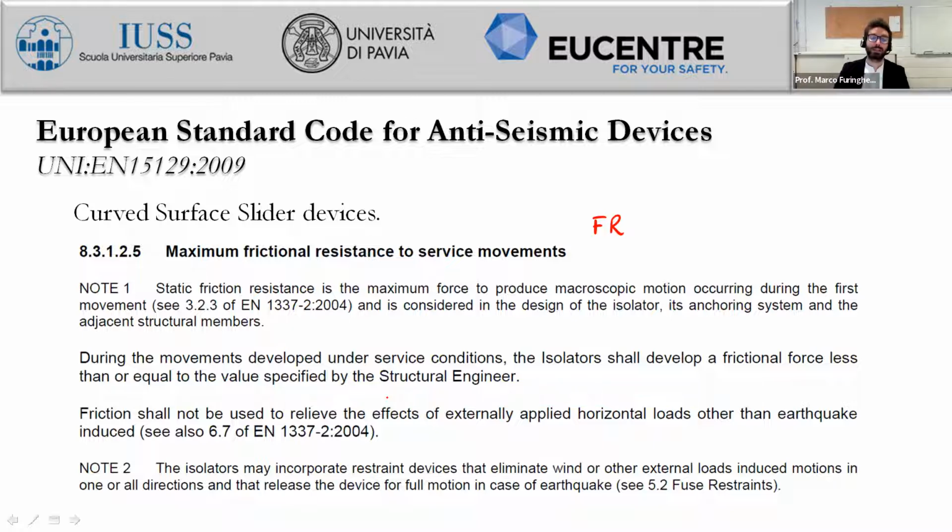Breakaway means that it is measured at the very beginning of the motion. So generally, if we have the force displacement loop, we have something like this, and then we go back, and then we have something like this. So this increase is due to the breakaway friction.